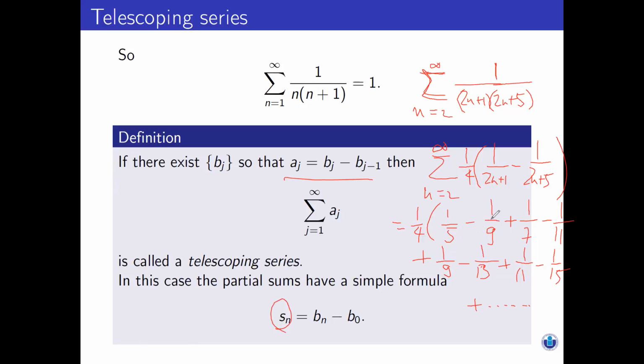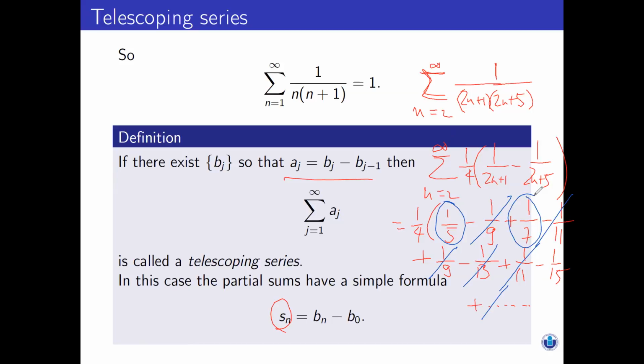Let's quickly compute this. So you have cancellation here. This and this cancel, and then this and this, and so on. So the 1 over 9 is going to come next here, and then it cancels with this one, and so on. If you look at the infinite sum, everything cancels and you are left with this and this.